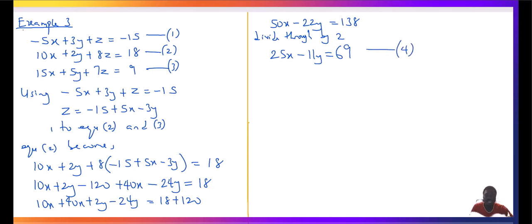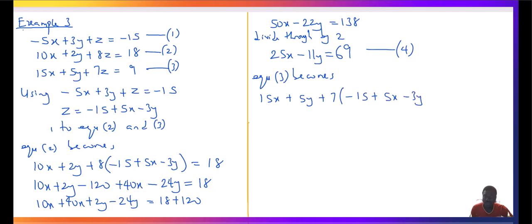Let's go and get equation 5. So equation 3 becomes, input it into equation 3. Remember for equation 3 we have 15x + 5y + 7 times z, what is our z again, (-15 + 5x - 3y) equals to what? 9.